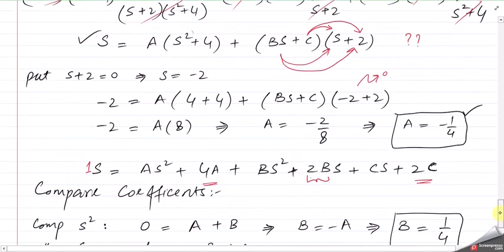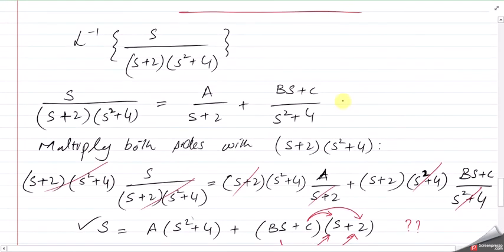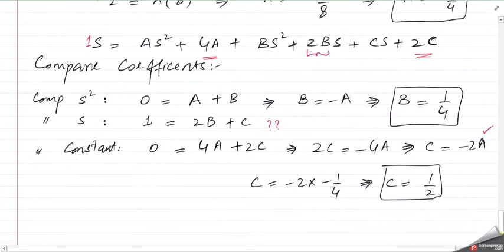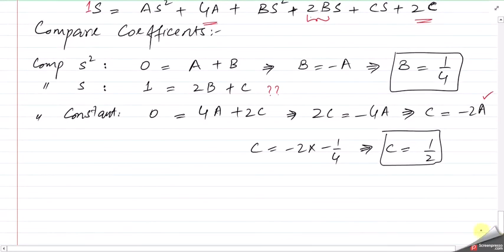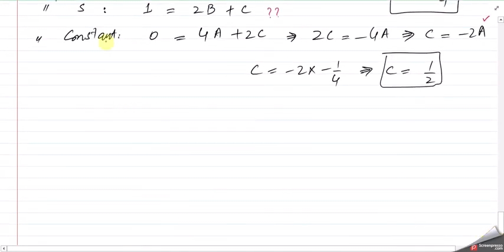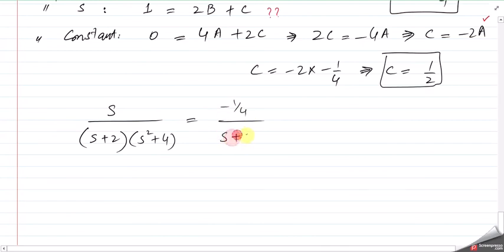That's all we wanted. Now we go back to our this relation and put a here, b here, and c here. So let's see what do we get. So we write s over s plus 2 s square plus 4 equals a over, so that is minus 1 by 4 over s plus 2 plus bs plus c.